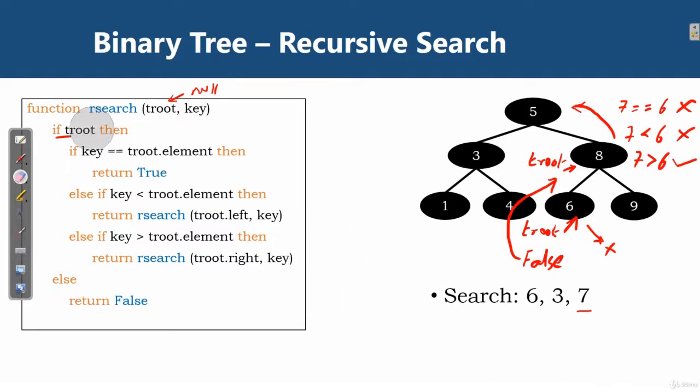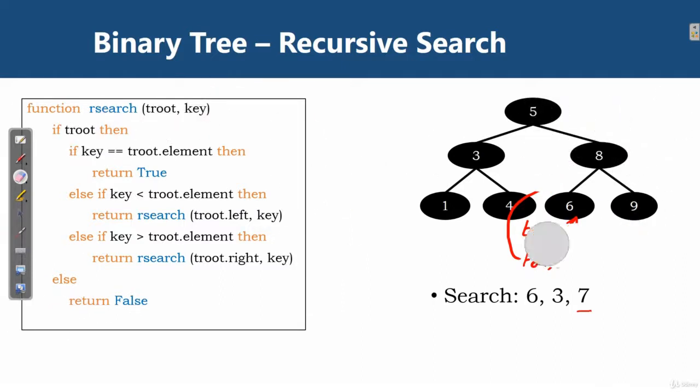Finally, let us compute the time complexity of this recursive search function. Recursive search functions are called recursively and make the comparison at each level. So if we assume the height of the binary tree as h, there will be h plus 1 recursive calls.